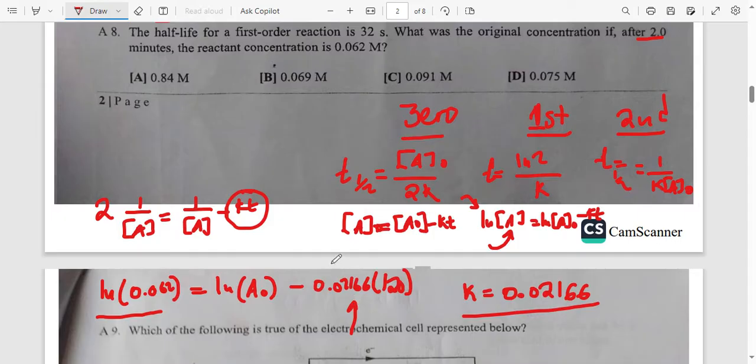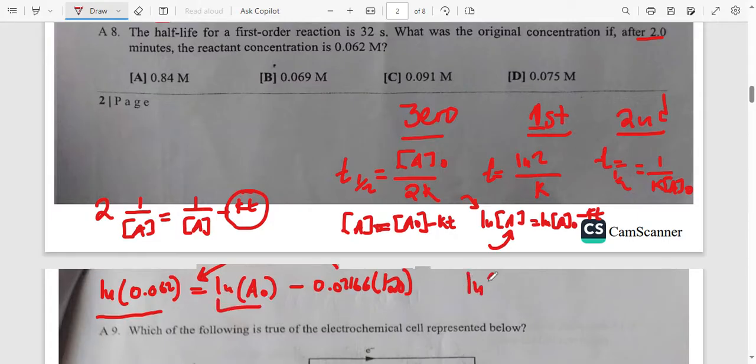Then the answer that I get, I'll add to natural log of 0.062. Remember this side we have remained with natural log. So natural log of initial concentration is going to be equal to, the answer I'm finding is, negative 3.382. We remain with A here, which is the initial concentration.